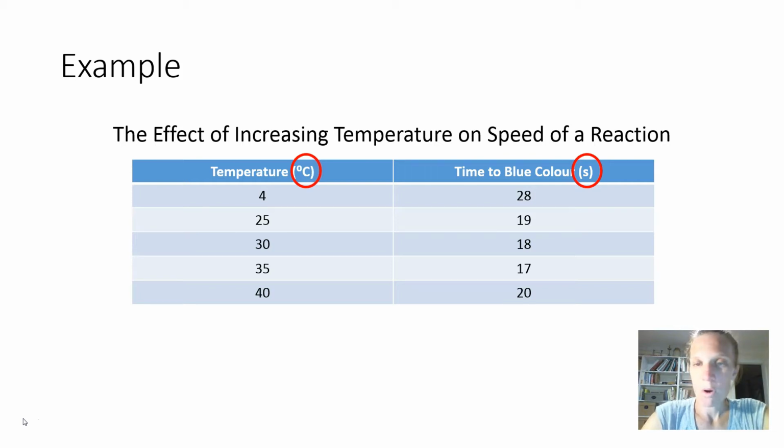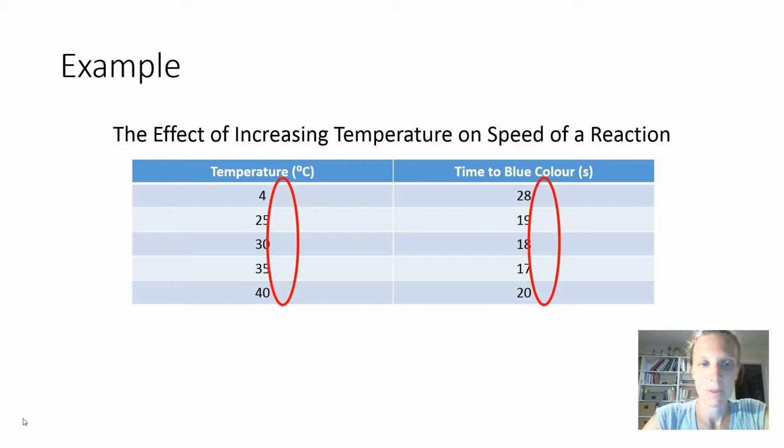Also, one more thing that I need you to notice in this table is the lack of something. In both of these columns, all I've got is numbers written down. I don't have any units. Because I described at the top of the column that temperature was going to be measured in degrees Celsius, I don't write degrees Celsius behind every one of my temperatures in that column.